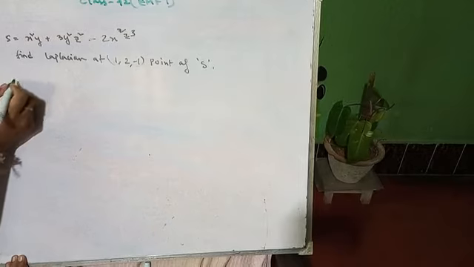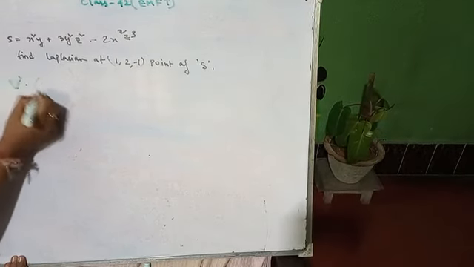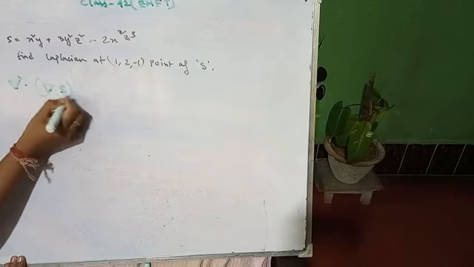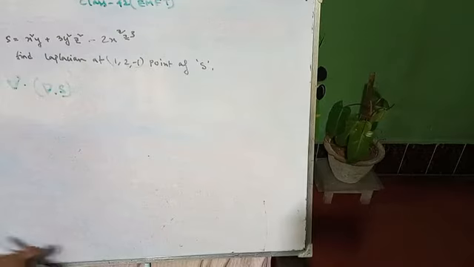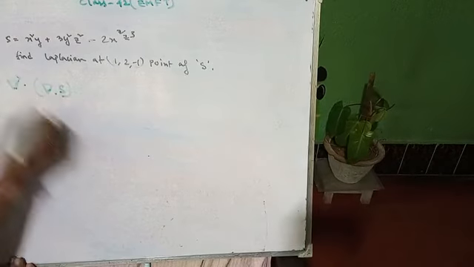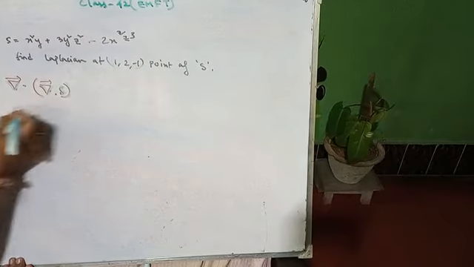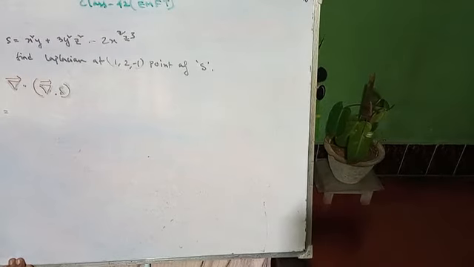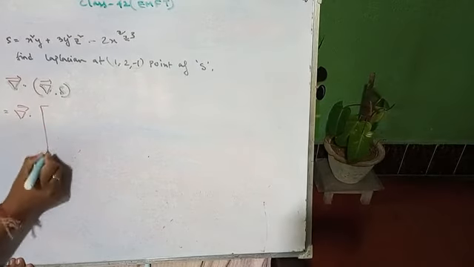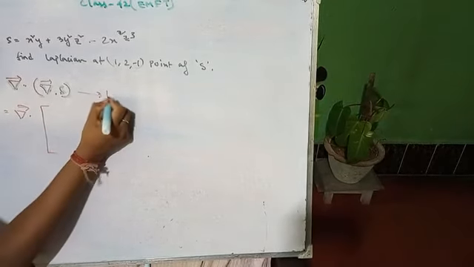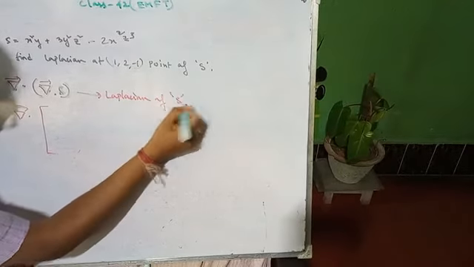Okay, so what is the Laplacian? You have to first perform the gradient, and then the divergence. That means divergence of gradient of S. So first you have to perform the gradient of S. This is the Laplacian of S, only scalar.